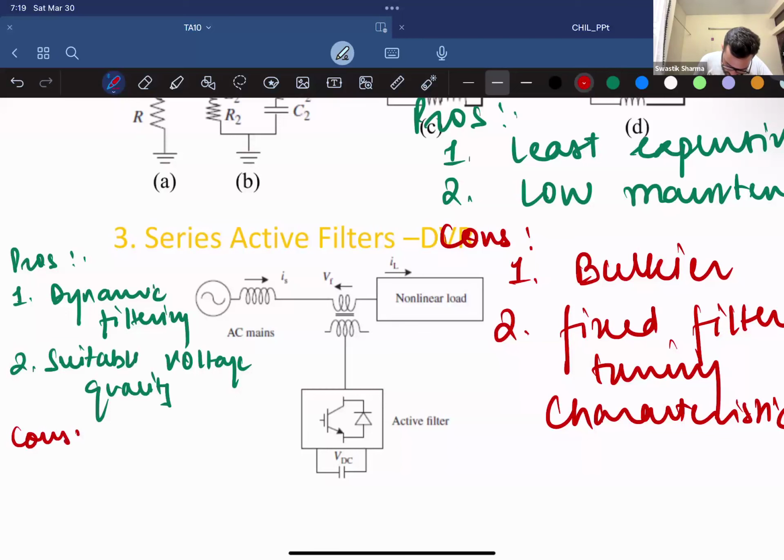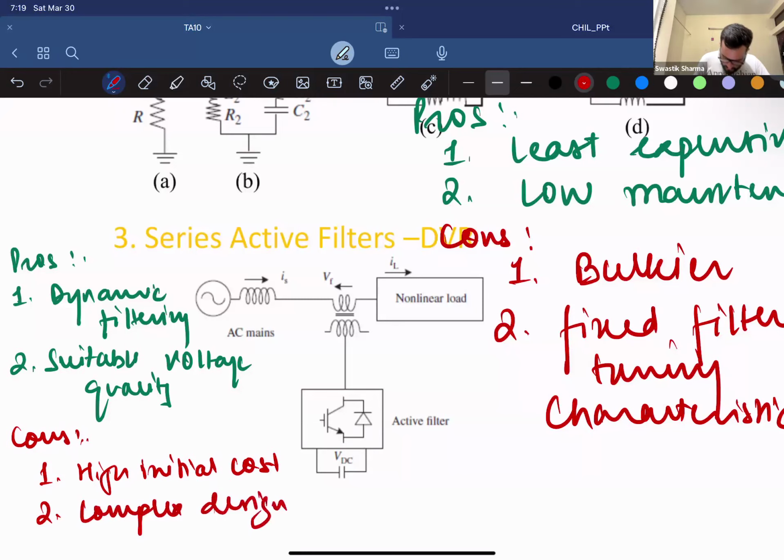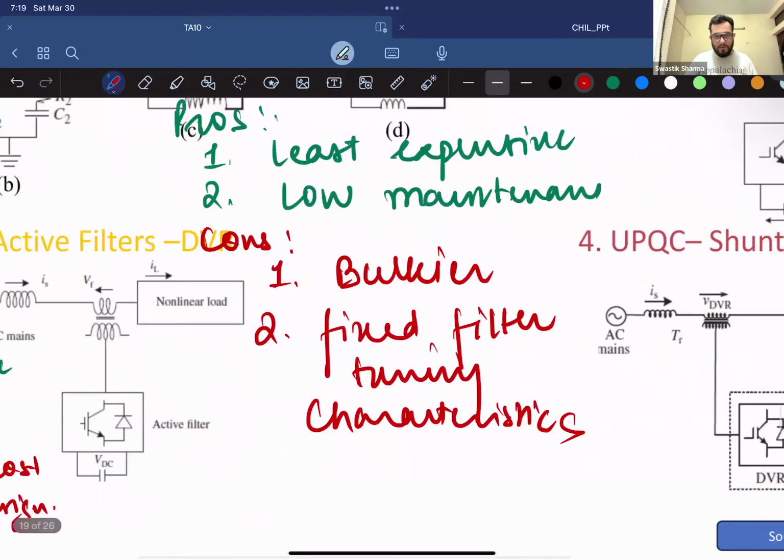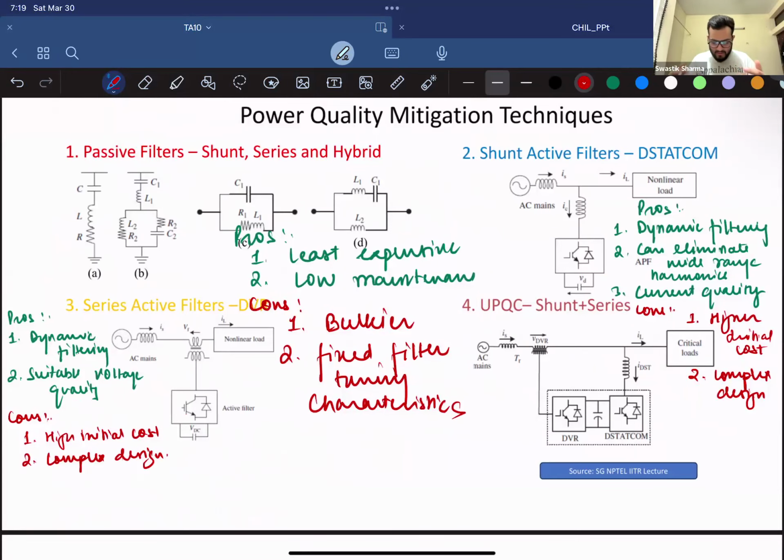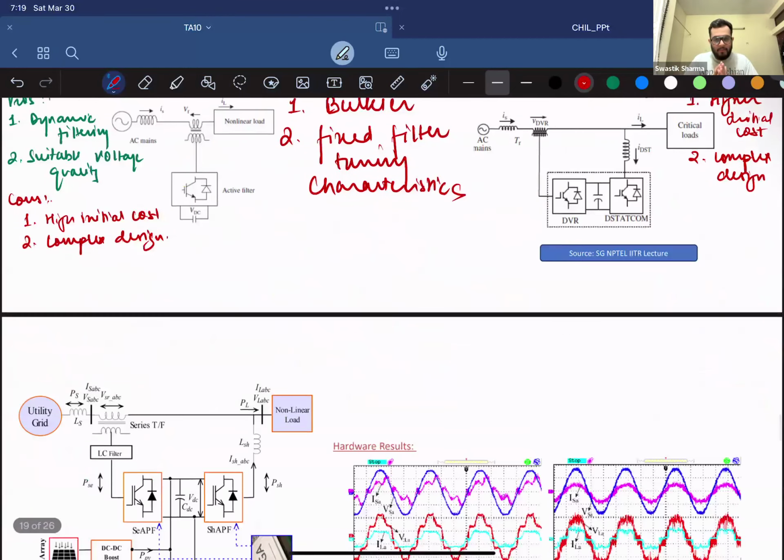Again, the cons are high initial cost and complex design. I won't write for UPQC. You would have sensed that since it combines series and shunt active filters, it is suitable for both current quality and voltage quality problems, and it has dynamic filtering as well. But again, the cost is high and the design is complex.